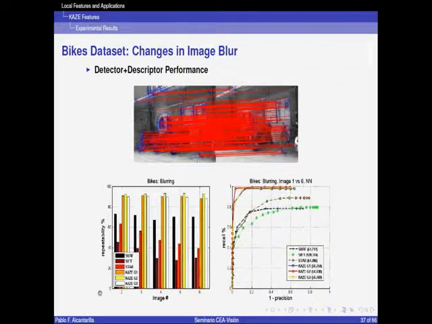We use different variants of KAZE, so you can see here G1, G2, and G3. This means that we are using a different conductivity function for each experiment. G1 and G2 are the two Perona and Malik conductivity functions that we have seen before, and G3 is another conductivity function that is described in the KAZE features paper.